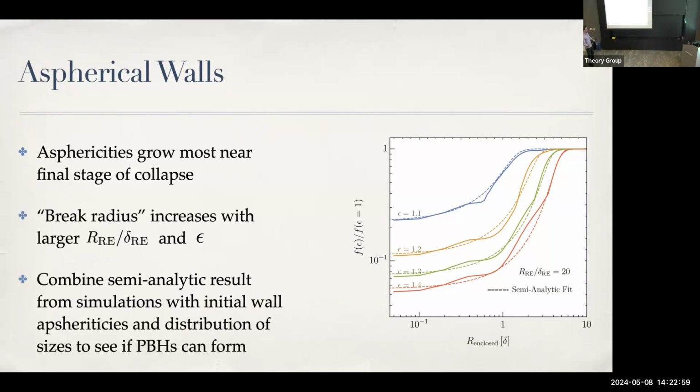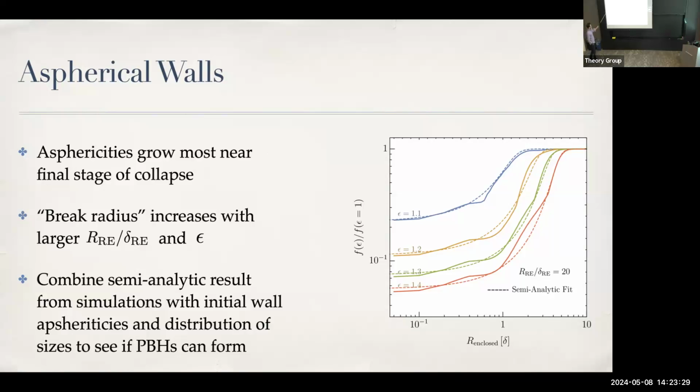Okay, and so what we do find again is that asphericities do hinder collapse, do hinder how much energy I can enclose within a given volume to some extent. They become most important for very small radii of collapse when my asphericities really grow dramatically. However, if you can form a PBH before those asphericities really grow, that is, my Schwarzschild radius is large enough that it becomes greater than when these asphericities really grow, then you can form a PBH more easily.